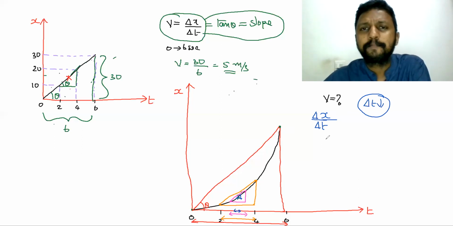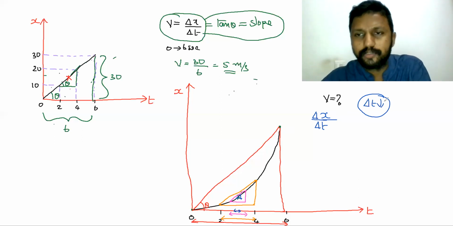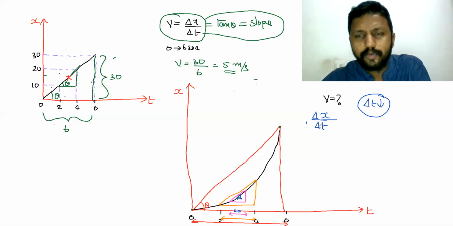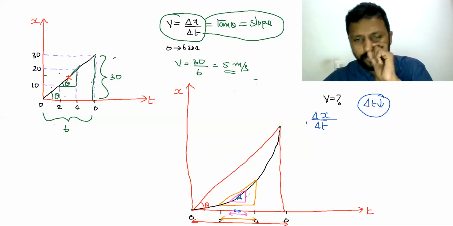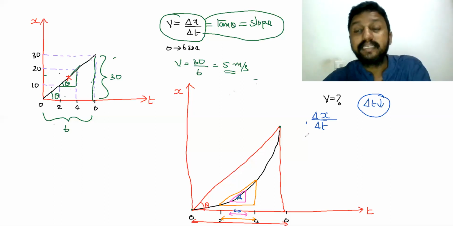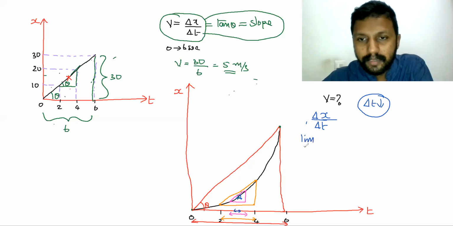Therefore, there is a representation for that in mathematics. If you have to say the delta t value is very low, and at that time the delta x by delta t will give you the most accurate value of velocity at that particular instant, the mathematical way of saying that is limit delta t tends to 0 delta x by delta t.